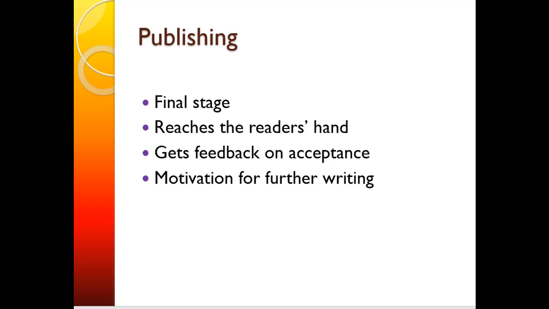This is a stage where the writer realizes his aim of writing, that is, getting to readers and getting feedback from the readers. The writer understands whether the readers have accepted him or not. And unless it gets published, the writer's text doesn't reach a wide circle of readers.